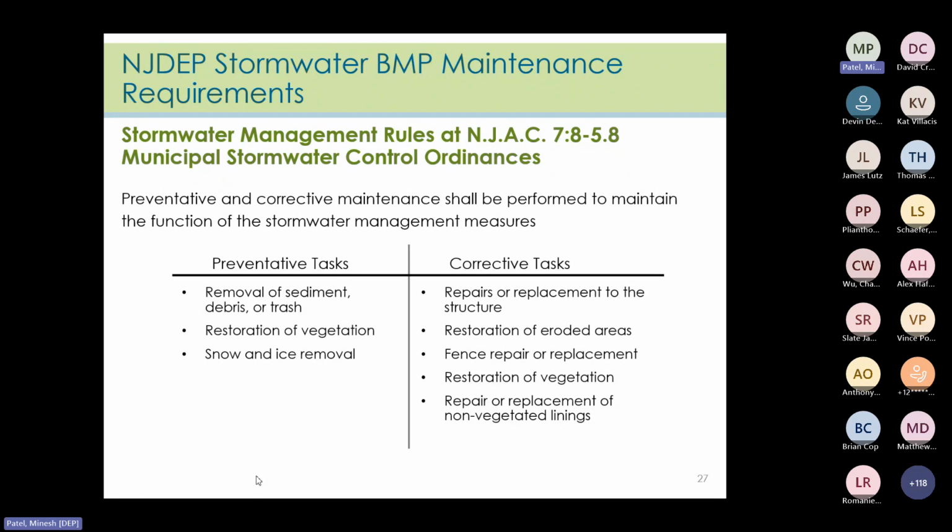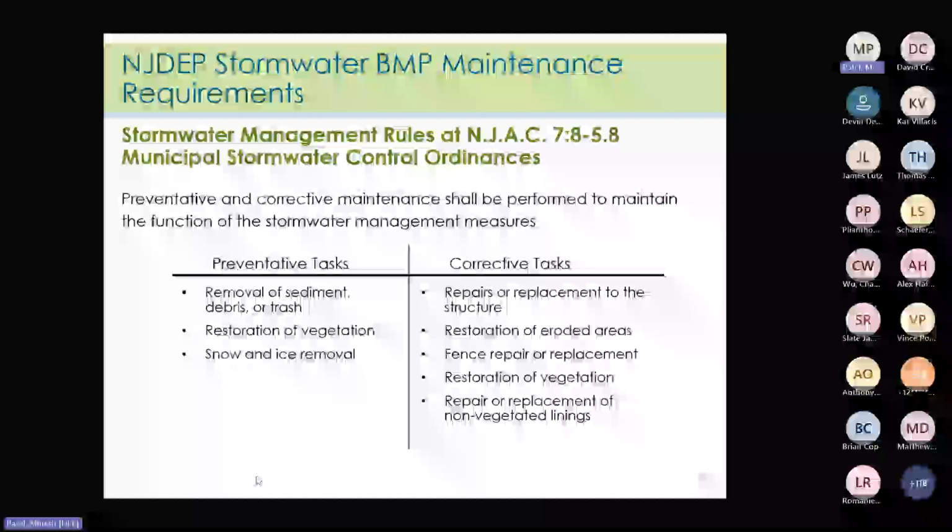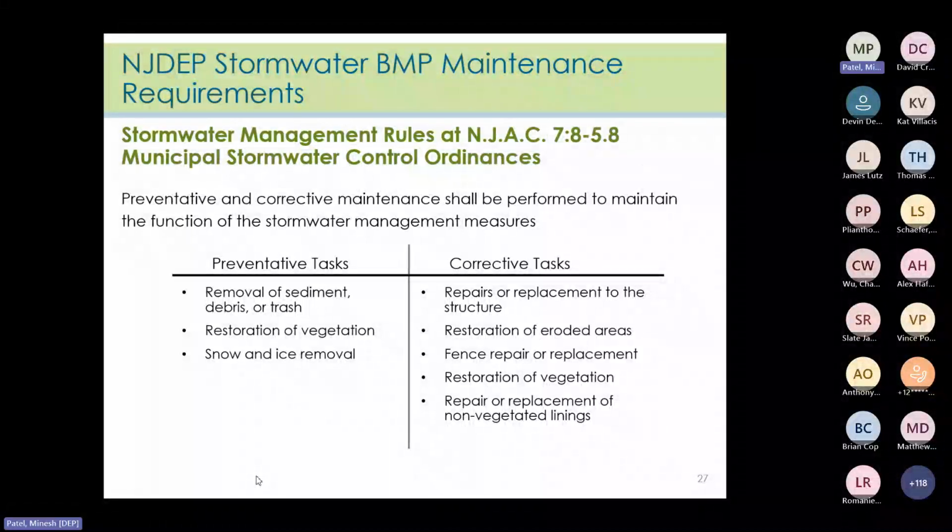The first type of maintenance is preventative, which is the regular tasks that keep a BMP functioning as it was intended to be. So this can involve quarterly inspections. It can involve grass cutting wherever it's appropriate. It can involve trash clearing, replacing vegetation that's failing to thrive, and it can even involve snow removal.